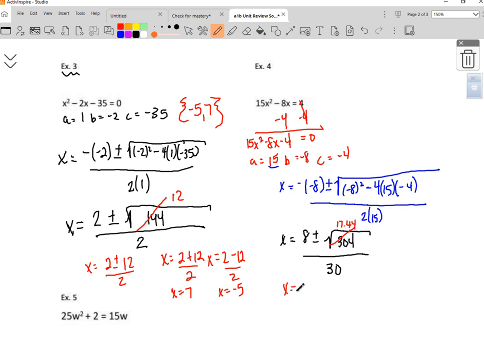So now we've got to write our two equations. Well, first we're going to write this one. X equals 8 plus or minus 17.44 divided by 30. And now this tells us we need two equations. So I'm going to do the plus, and then we'll do the minus.